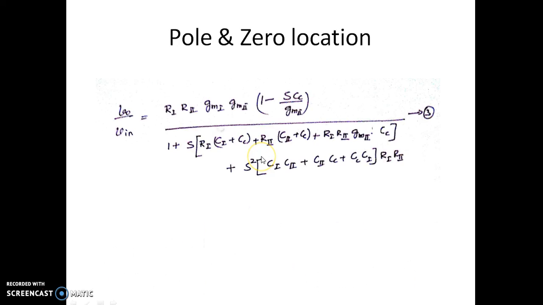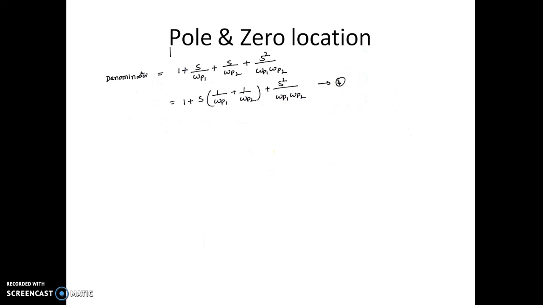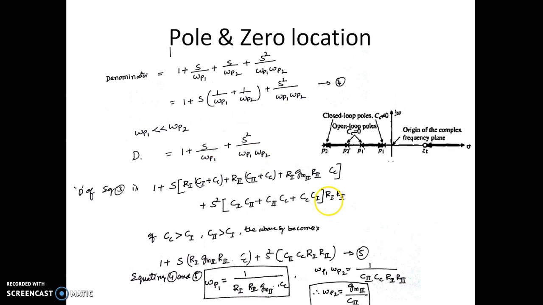So using this, omega P1 omega P2 is equal to 1 over C2 Cc R1 R2, and replacing omega P1 by this, we'll get the expression for omega P2 as Gm2 divided by C2. Now this way P1 dash moves to P1 and P2 dash moves to P2 now.